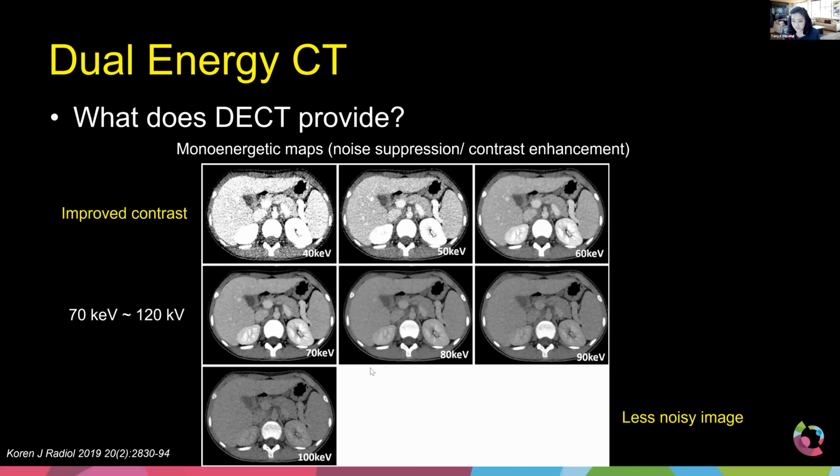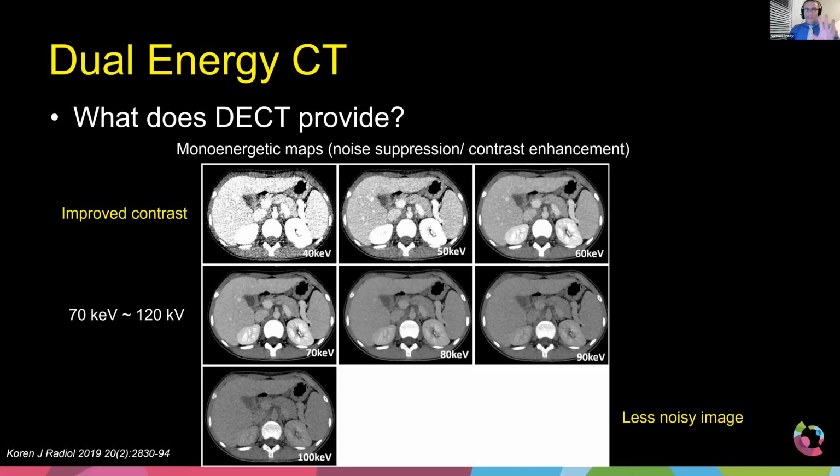Sure. Looking at this slide, what you see on my screen, when we collect the data in the low energy, let's say 80 kV, and the high energy, 140 kV, as it's either spun around twice or we had our two tubes, however we collected the data, we now have data for hopefully every slice in the body at two energies.